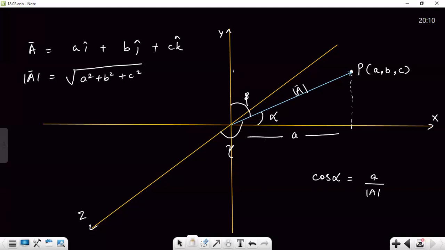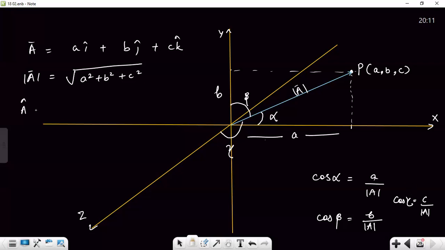Cosine of beta, similarly, this distance will be b, so cosine of beta will be b by modulus of a. Cosine of gamma will be c by modulus of a. Great.